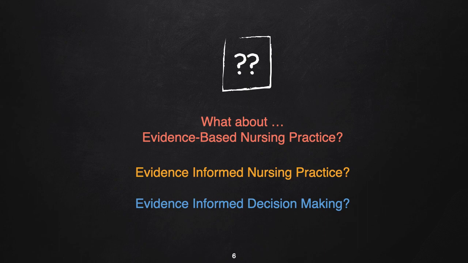Evidence-informed practice builds on evidence-based practice by acknowledging and ensuring consideration of factors other than empirical evidence to influence decision-making and actions. And in fact, if we're looking at it from an even broader perspective, it acknowledges that evidence, and when I say evidence, I mean empirical evidence in particular, might take a backseat to other ways of knowing and, in general, to patient-centered care.